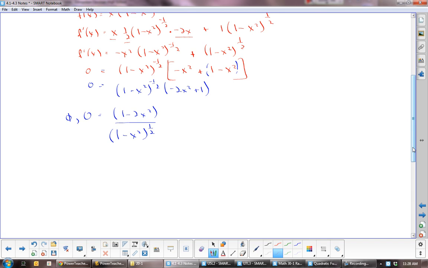Because that's when it equals 0. In division, the top number decides. So when 1 minus 2x squared equals 0, that would be a critical value. So when 2x squared equals 1, x squared equals a half, when x equals plus or minus 1 over root 2. So this is when f prime of x equals 0.